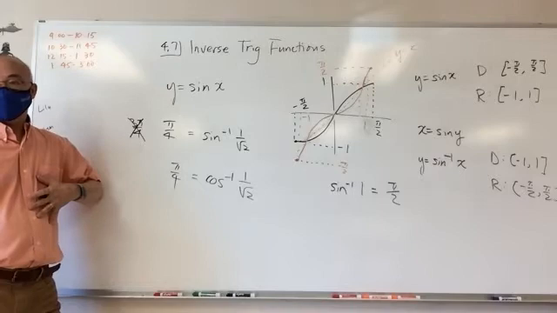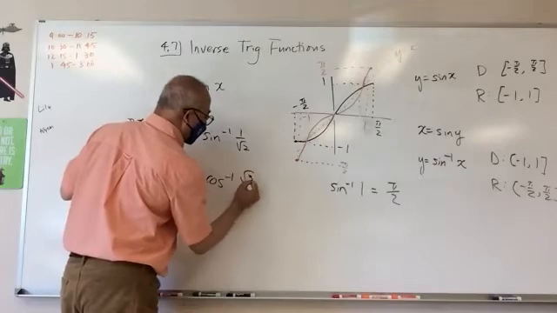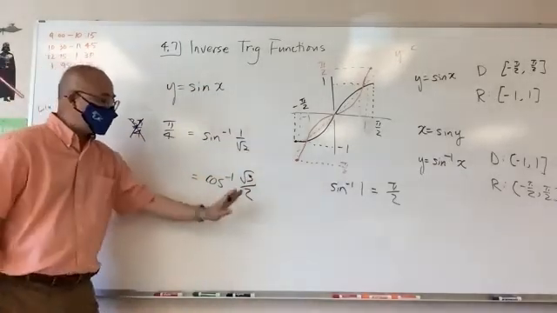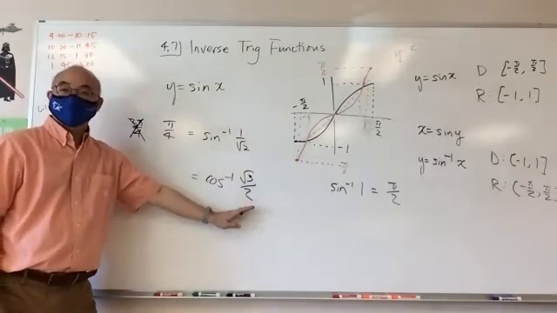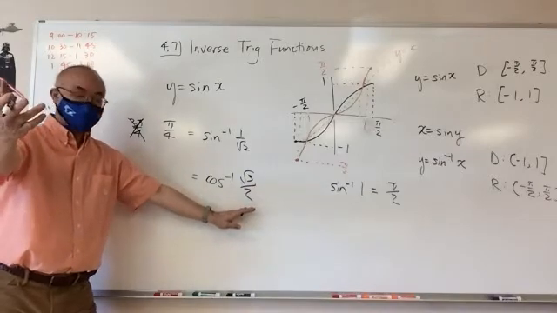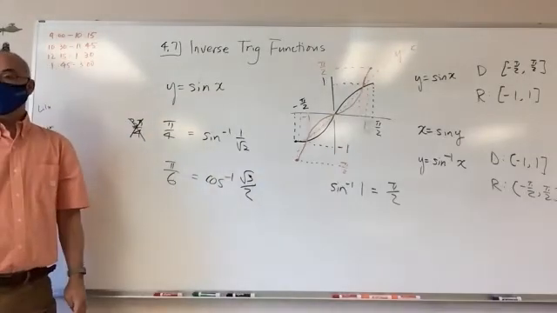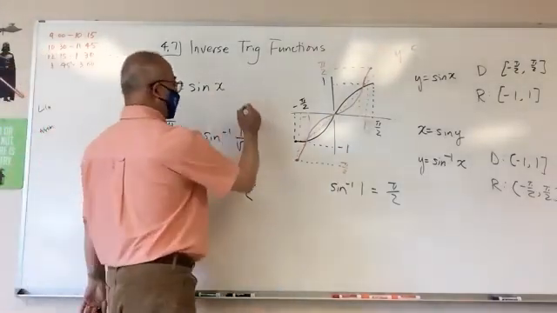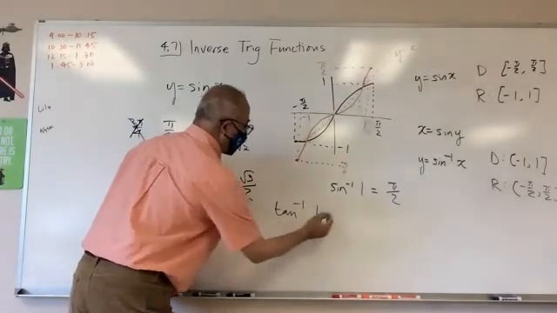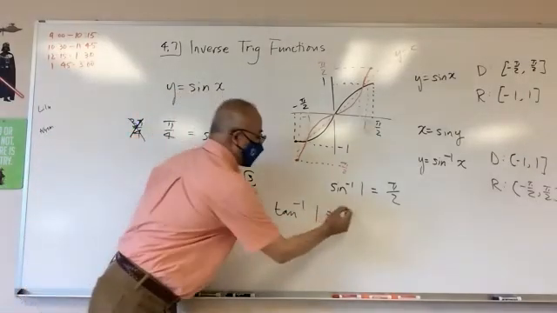Is it pi over 4? What is the angle that gives me this value of cosine? 30, which is pi over 6. Okay. What is the angle that gives me this value of tangent? 45, pi over 4.